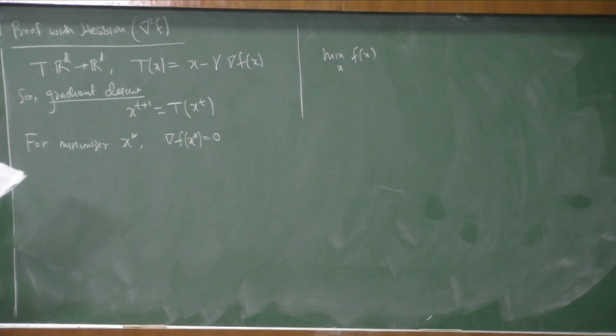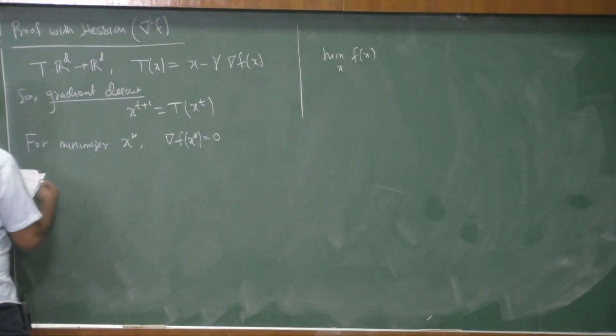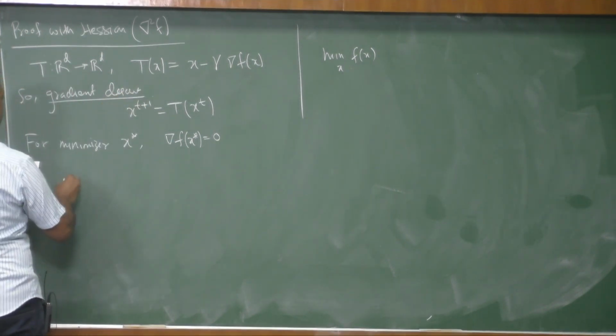That is well known. In that case, that x star will become a fixed point of the operator T, because grad f at x star is 0. That means T x star is x star, and that is exactly the meaning of fixed point. A point x is a fixed point of an operator if Tx is x, right? So this characterizes the fixed point of T.